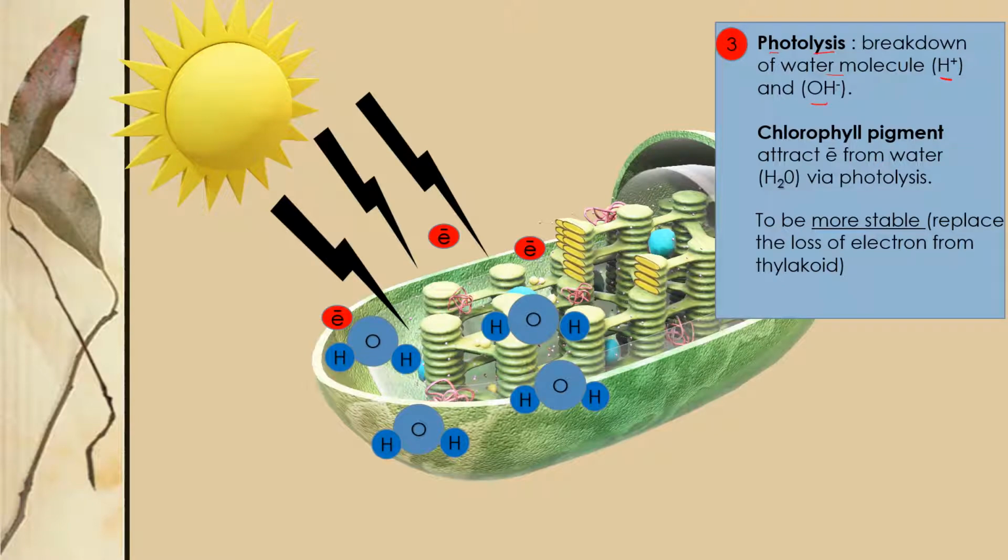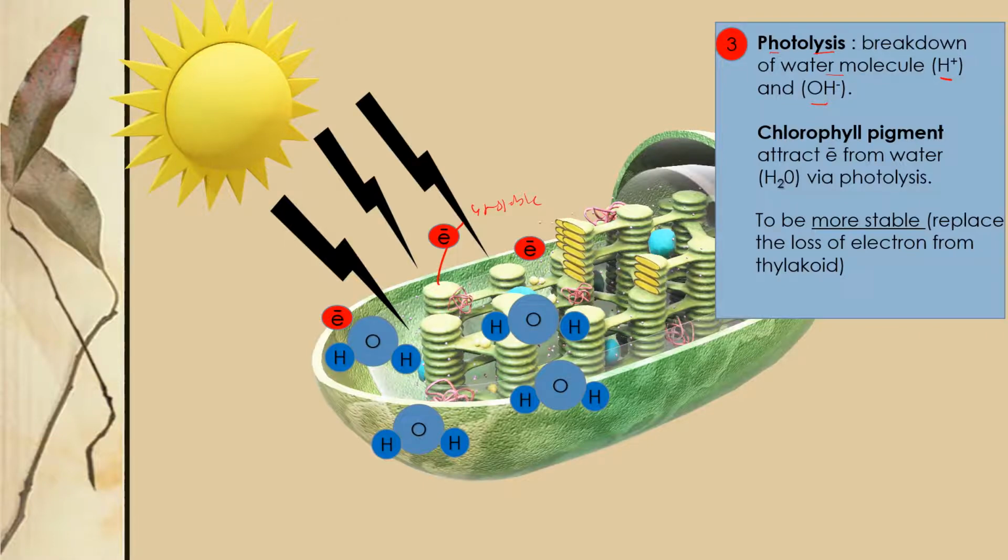The chlorophyll pigment attracts electrons from water, H2O, via photolysis, because when the electron escapes, the thylakoid becomes unstable. To become stable, the electron from photolysis replaces the lost electron from the thylakoid.